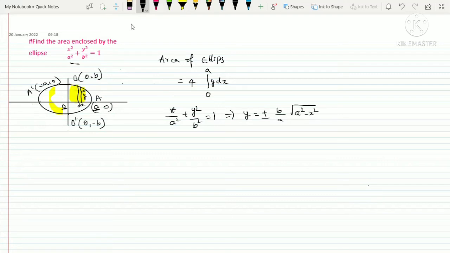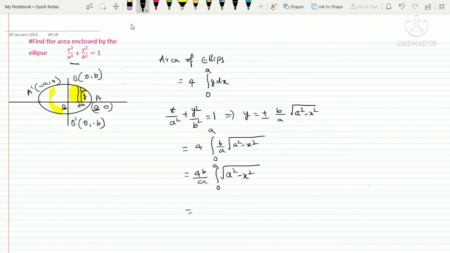Now I will fill this into the integral from 0 to a. This is the area, so we take only the positive value, that is plus b by a root a square minus x square. b by a is a constant, so I will take it common: 4 into b by a, integration 0 to a of root a square minus x square.